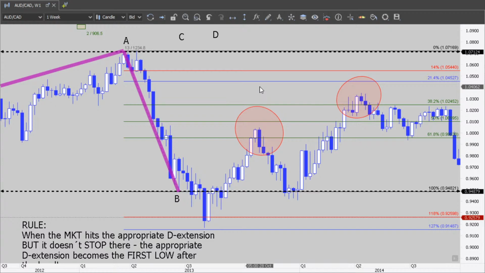Which one is the correct circle? The first one or the second one? And the same rules apply, right? What is the C? The C is the highest point inside the AB boundary before the market hits the appropriate D extension.